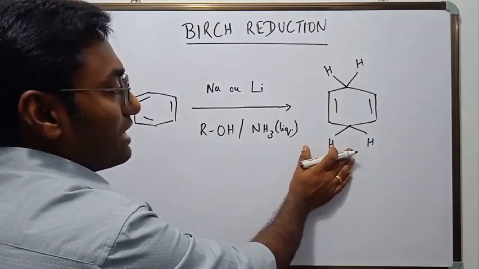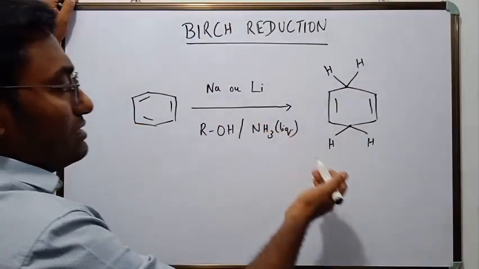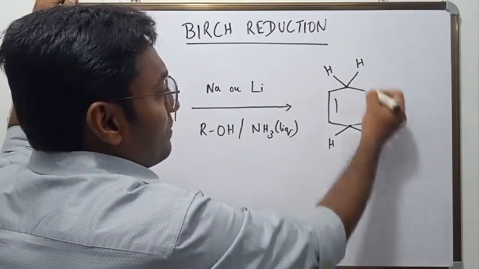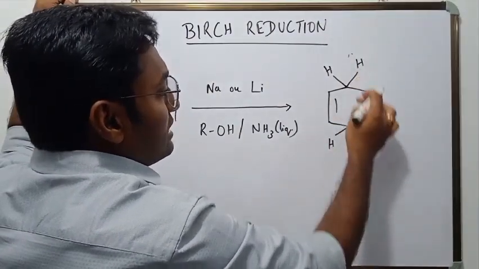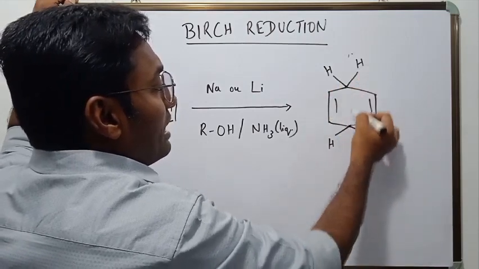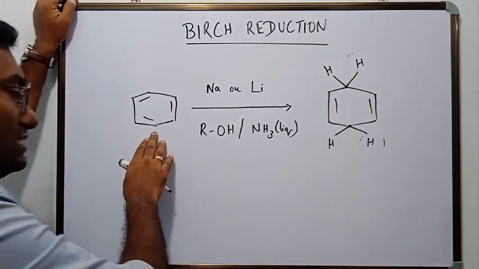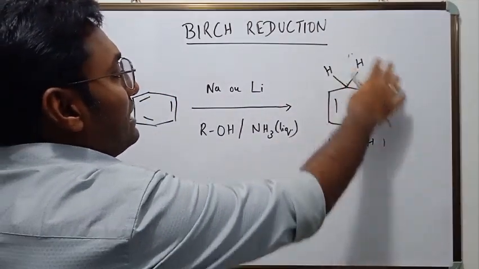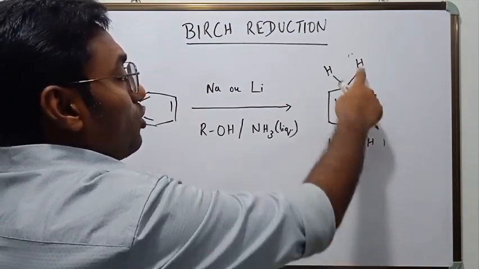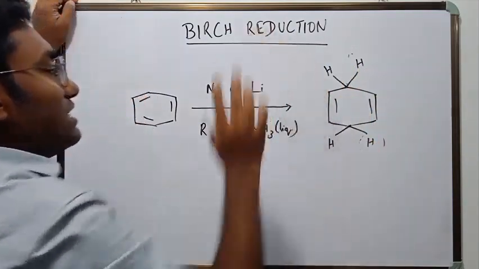As you can see, the difference is that hydrogen atoms are present on opposite sides of the benzene ring, on opposite carbon atoms of the benzene ring, right? So the reduction of benzene to 1,4-cyclohexadiene, a molecule in which hydrogen atoms are present on opposite carbon atoms of the benzene ring system, is called the Birch reduction.